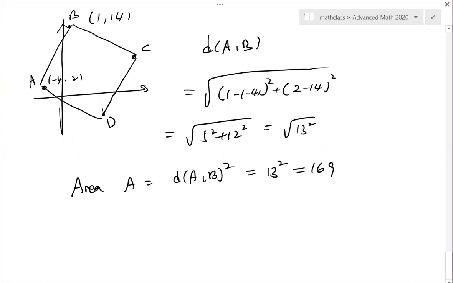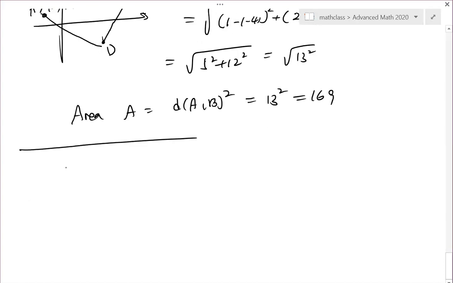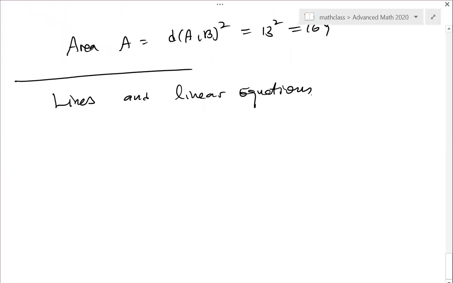All right. Now our next important topic, we're going to focus on the relationship of lines and linear equations. Okay, so what does it mean?